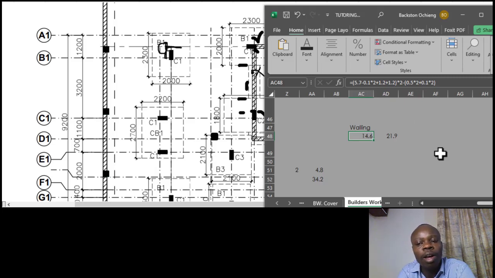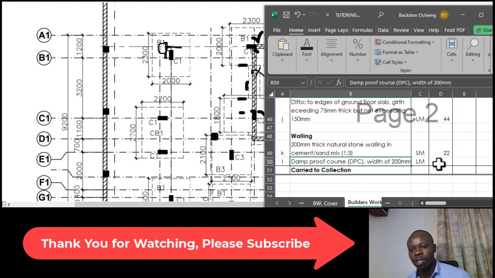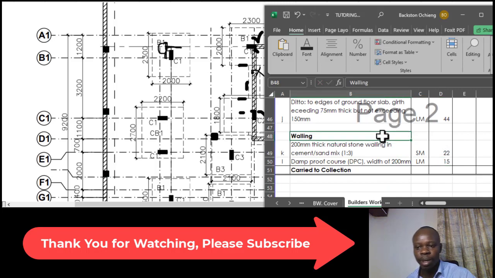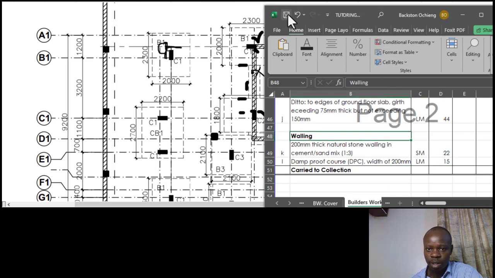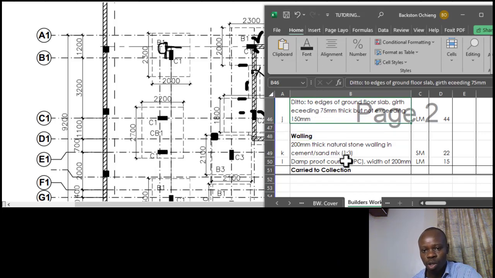The length for the DPC is going to be the same as what we've used for the wall, the area for the walling. So we'll use the 14.6, so that gives us a length of 15 meters.